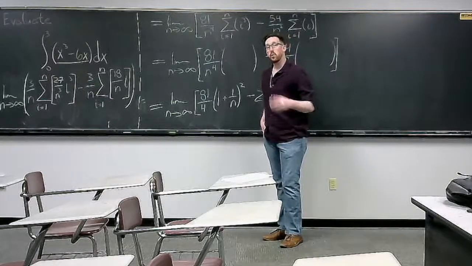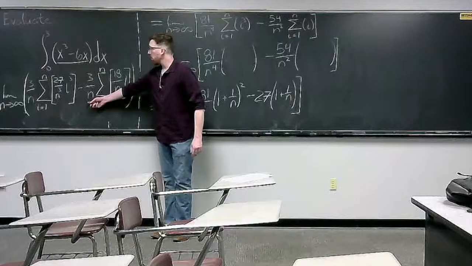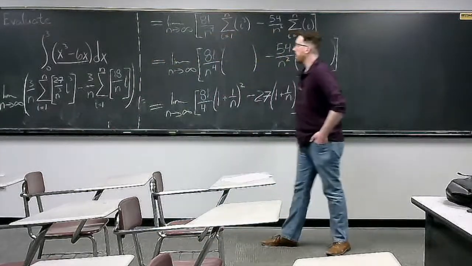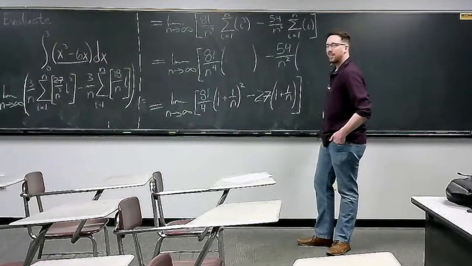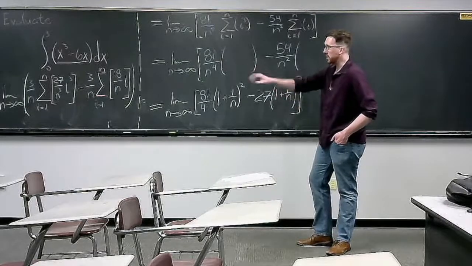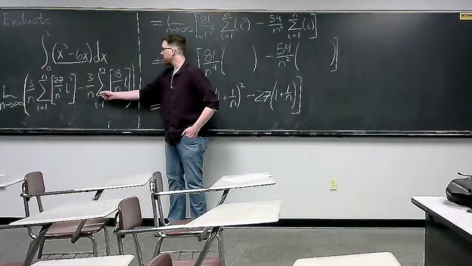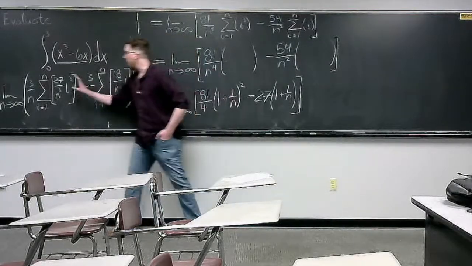All right, so where we left off with that last bit of the example was with this step right here, right? And I had said, notice that 27 over n cubed doesn't change in any of the terms for that first series, and 18 over n doesn't change for any of the terms in this series. So for that reason, we can pull them both out.